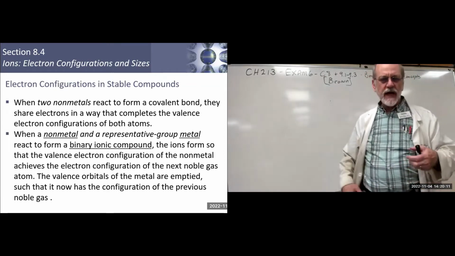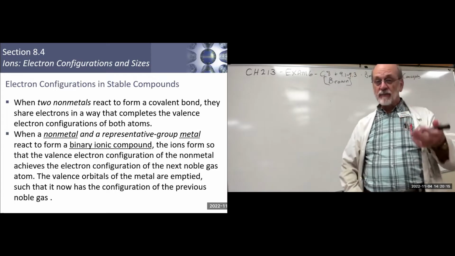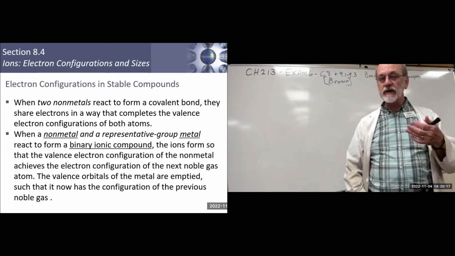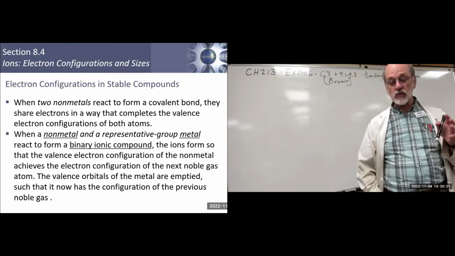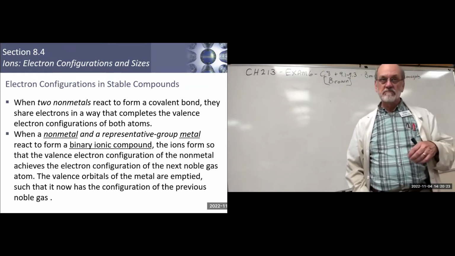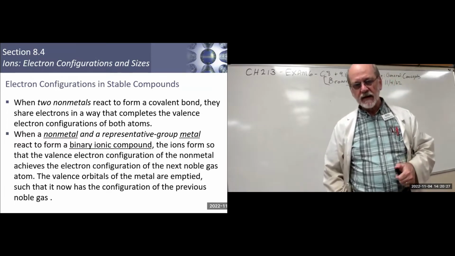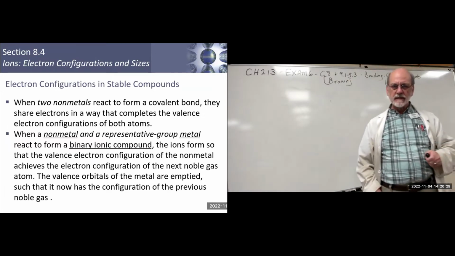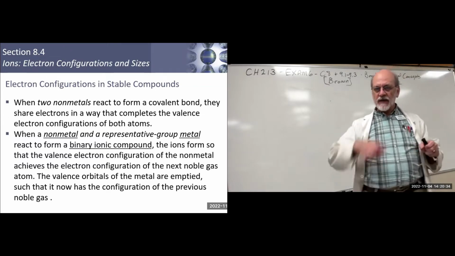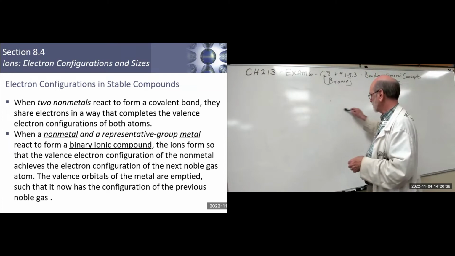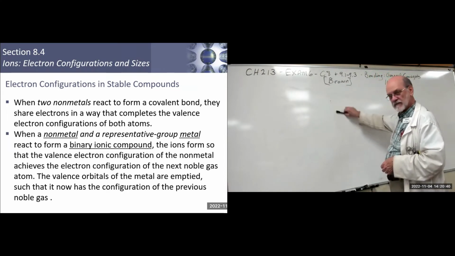When 2 nonmetals react to form a covalent bond, they share electrons in a way that completes their valence electron configurations. It makes them look like noble gases, usually, and definitely in the 2nd and 3rd period. When a non-metal and a representative group metal, remember how that zigzag ran like that? The representative group metals are over in here.